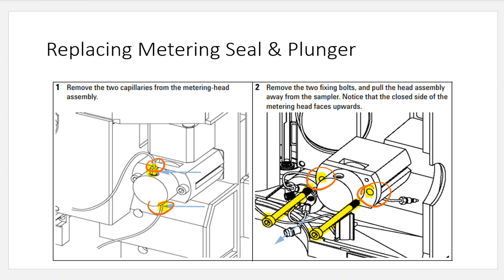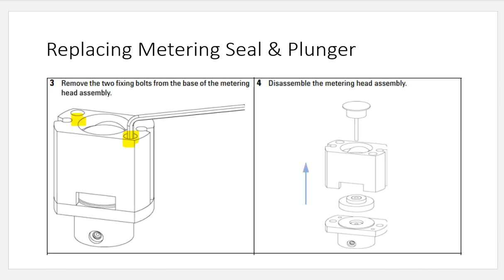Those two screws are holding the analytical head in place. So I'm going to take those out. I've highlighted those in yellow, and then I'm going to remove the entire stainless steel piece altogether. When I remove that stainless steel piece, just like on the analytical head, there's going to be a screw here and a screw there that is going to hold this device in place. So I'm going to loosen these two things up.